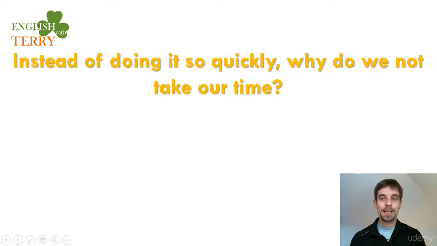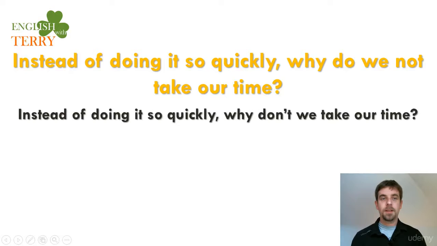Instead of doing it so quickly, why do we not take our time? Instead of doing it so quickly, why don't we? So why don't we take our time? Always be careful with the word order: not why we don't, but why don't we?